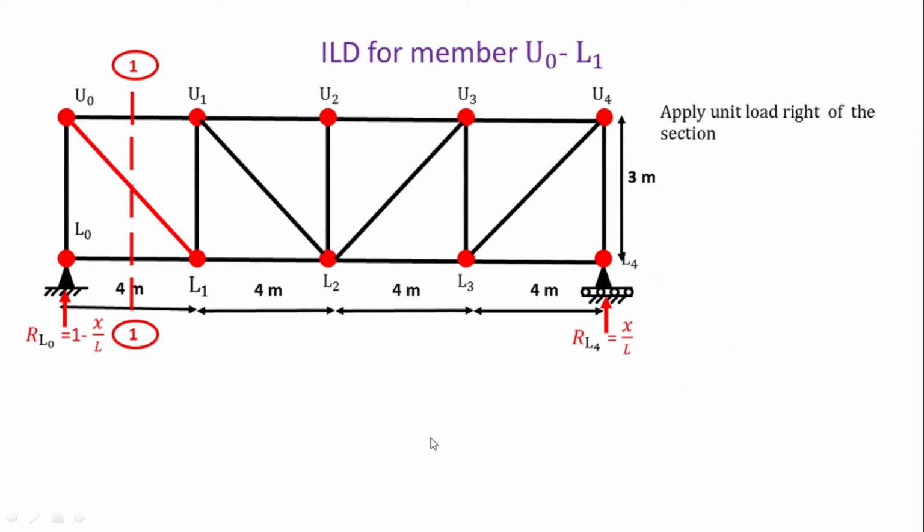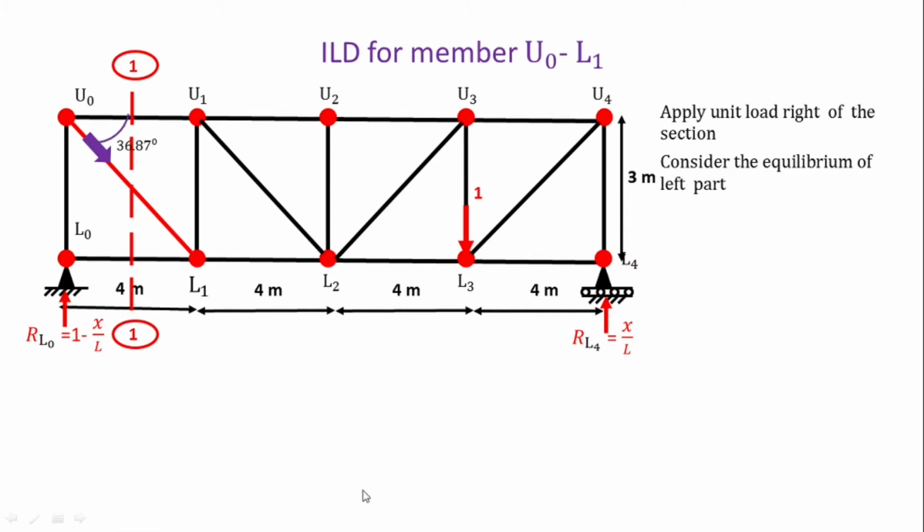Now move this unit load to the next joint, that is L3. Again we apply the unit load on the right of the section, so the unit load is at L3, and we consider the equilibrium of the left hand side part of the section. Again we are assuming tensile force in member U0L1.